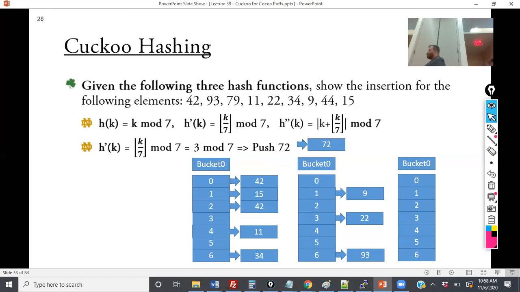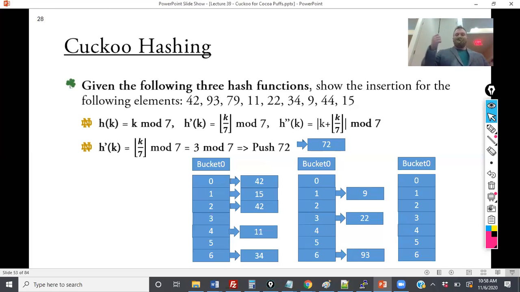So now what we're going to do is we're going to say k plus k divided by 7 mod 7. So what this gives us is an offset in order to mod. So 72 divided by 7 is going to be 10. And that's going to be 72 plus 10, which will give us 82.